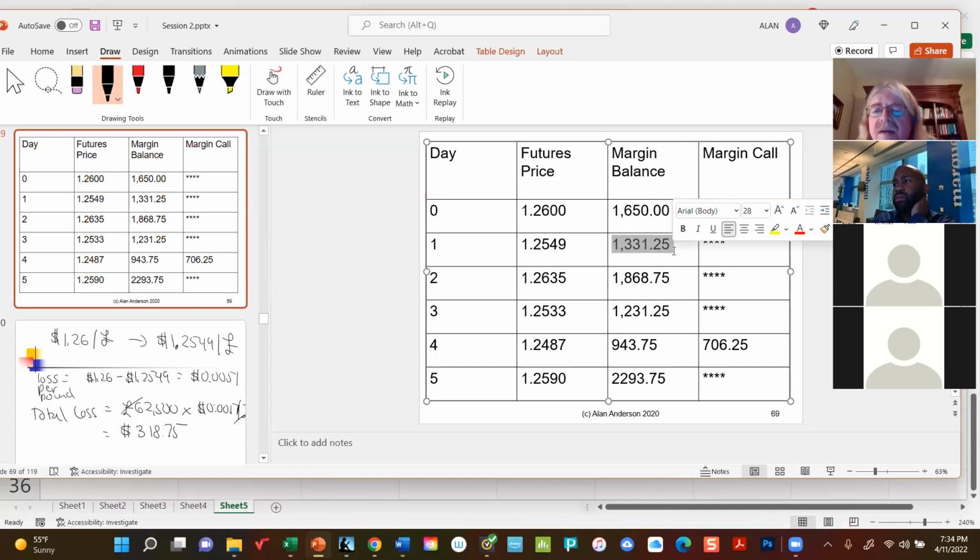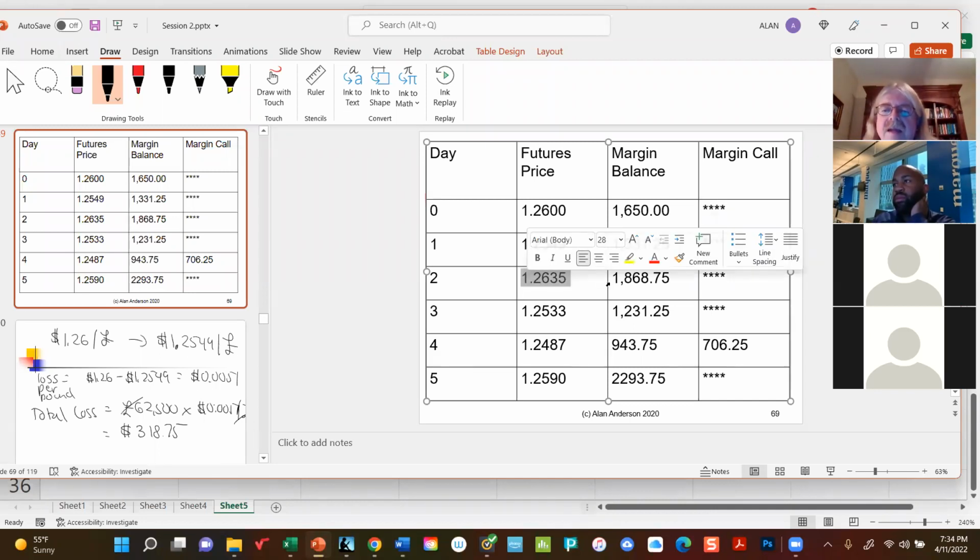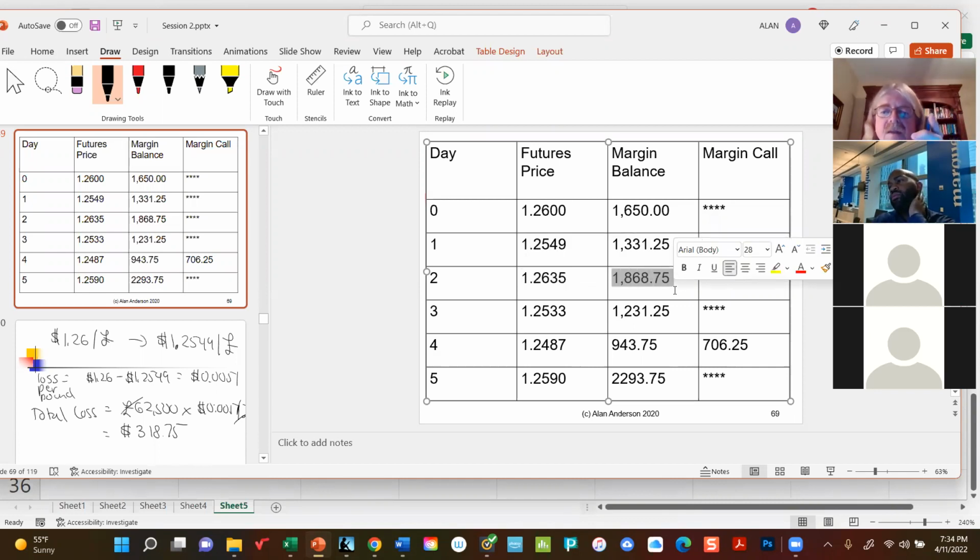I don't have to put any money back just yet because I didn't fall below $1,000. Now, the next day, the price goes up. And this brings me all the way up to about 1,868. Now, I could withdraw the surplus above and beyond 1,650, but I choose not to do so. Good thing, too, because the next day, the price drops and I'm down to 1,231.25.